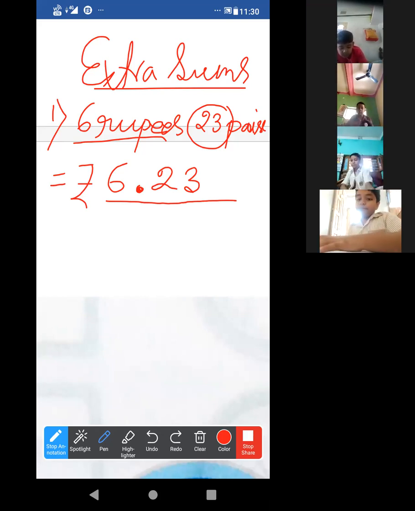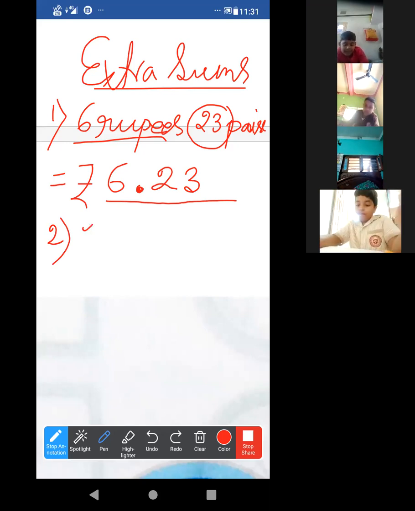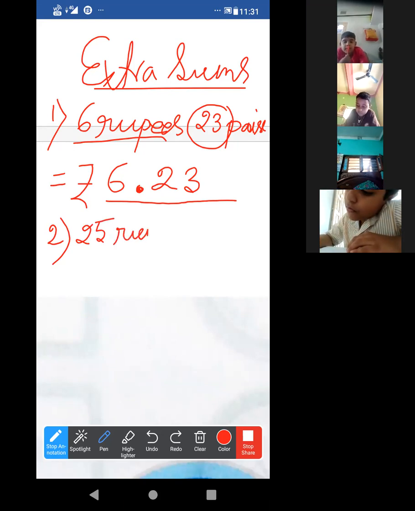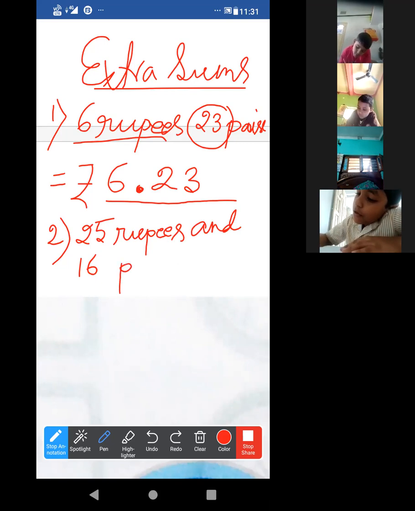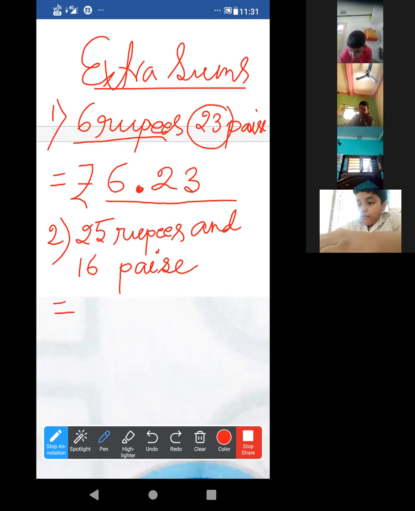Okay. Ankon completed. Write the next one. Next one: 25 rupees and 16 paise. Combine it. Combined is equal to rupees. Look at this. 25 rupees is there, so just put 25.